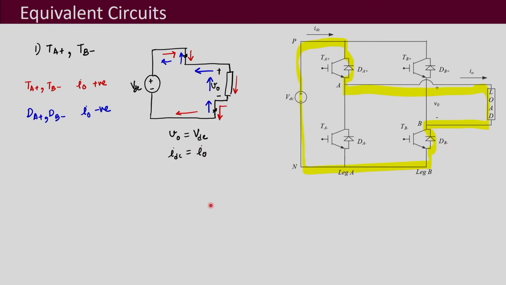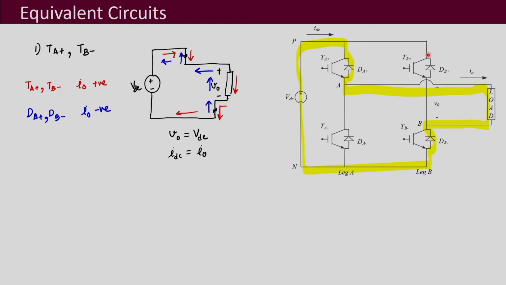Also, one more thing that we should see is what is the voltage that is blocked by these devices. So, from the equivalent circuit, what we can observe is that the voltage these non-conducting devices have to withstand is equal to VDC, because this is shorted to VDC, and so here this has to block VDC, and this is also shorted here.